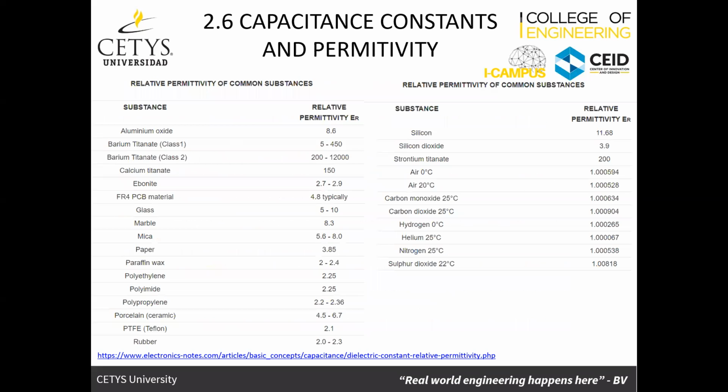And this is just a table, and we'd already mentioned this table. It's a list of some materials or substances and the relative permittivity, or dielectric constant, another way of calling it. You find that certain materials are much larger.